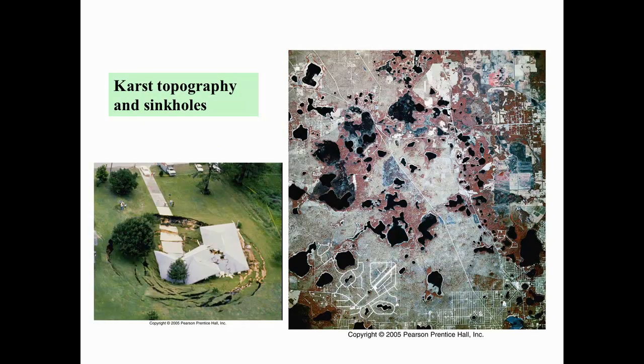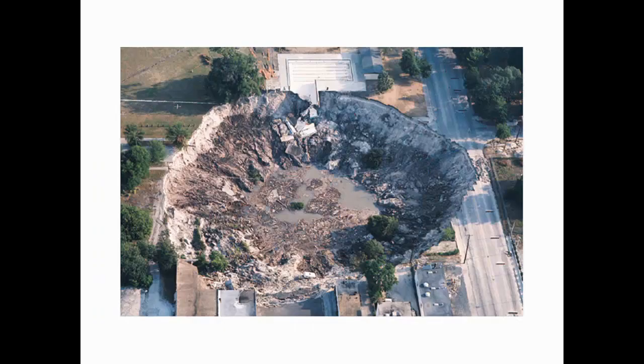Now here are some examples of karst topography. The photograph on the right is an aerial view of lakes, basically sinkholes that have been filled with water. And obviously people are going to have trouble getting to work in this particular situation. Sinkholes occur quite a bit in Florida and also in parts of Kentucky because the bedrock is mainly limestone.